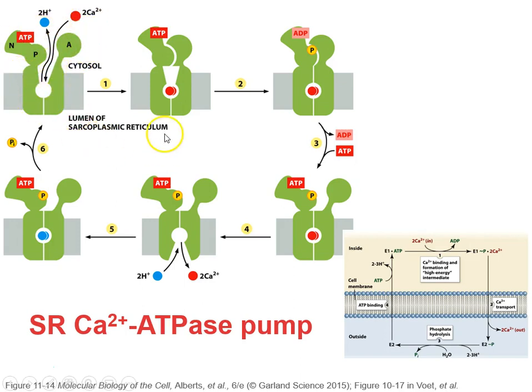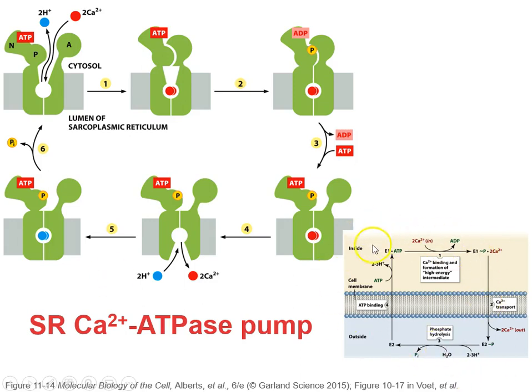So this shows the binding of the calcium ions. The pump is phosphorylated. That drives a conformational change, and then that allows the calcium to be released. Now we have low affinity calcium ion binding sites, so the calcium is released, whereas the protons, that exposes a high affinity hydrogen binding site, so the hydrogen ions are pumped out.